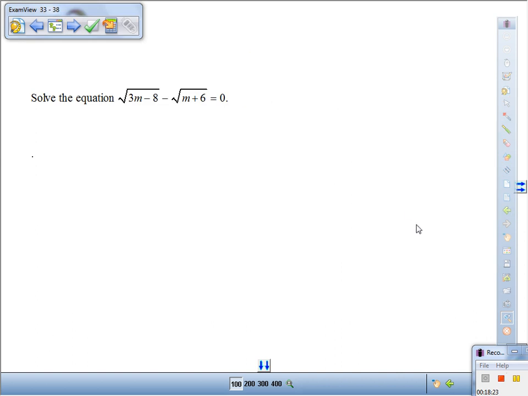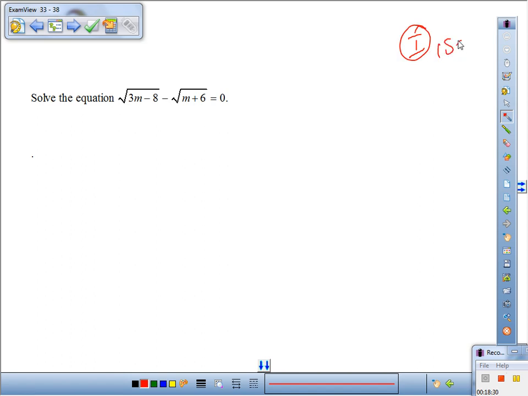33? All right. So for this one, step 1, we need to iso the radicals. They need to be each one on its own side. So, line down the equal sign. Which radical can I send to the other side? M plus 6. So that means I need to add square root of m plus 6 to each side.